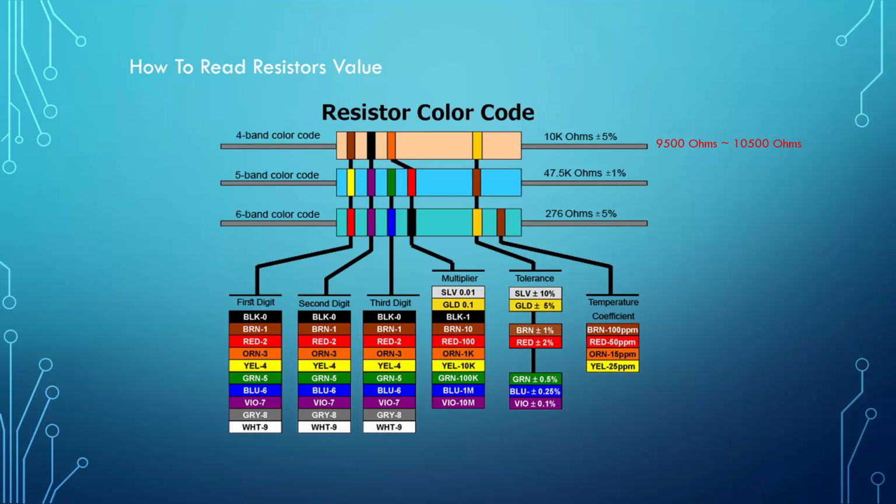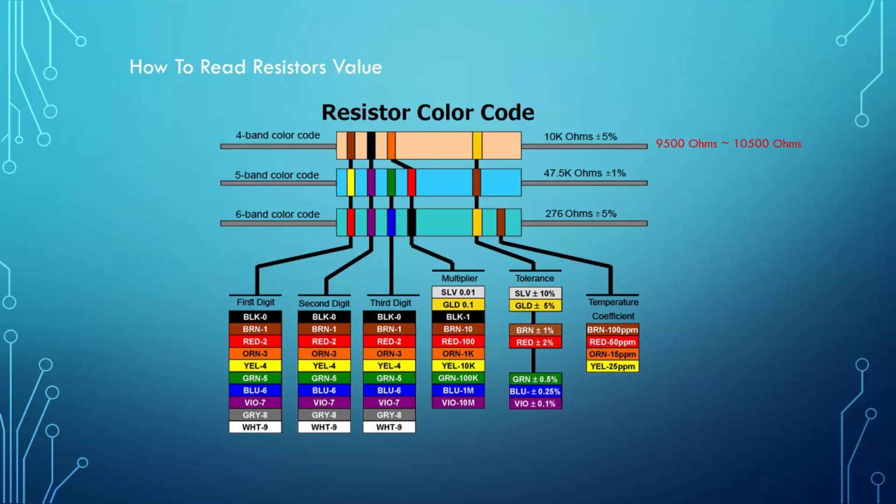So the final value will be equal to 475 multiplied by 100, which is equal to 47.5 kilo. And the last band represents resistor tolerance. In our case, it's brown, so its tolerance will be 1%.